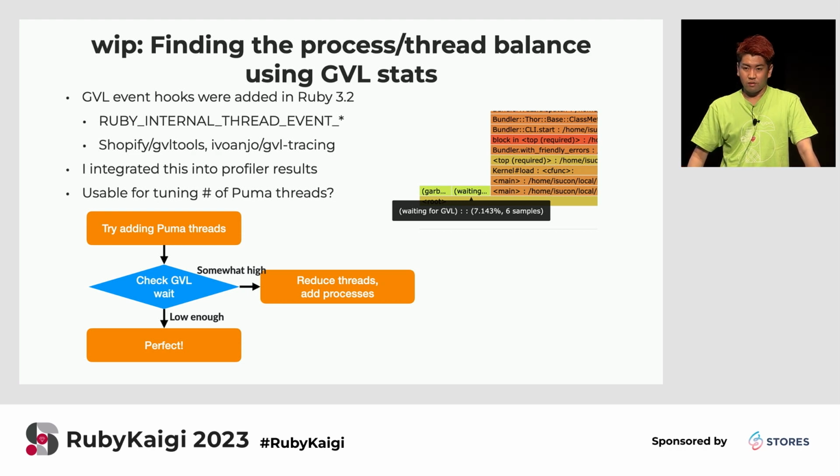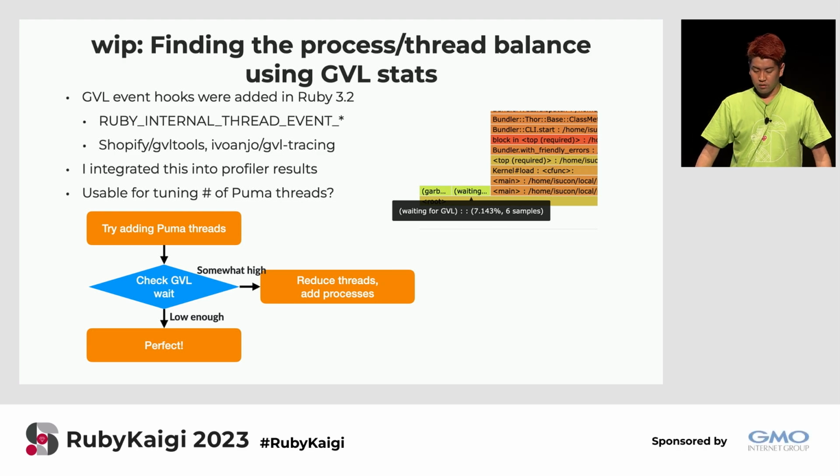Actually, in the Ruby 3.2 era, many tools are popping out. Shopify's GVL tools and Ivo Anjo-san's GVL tracing gem are doing similar things. But maybe this information is usable for tuning the number of Puma threads. So the plan is like this. Try adding Puma threads first, and then check GVL wait time.